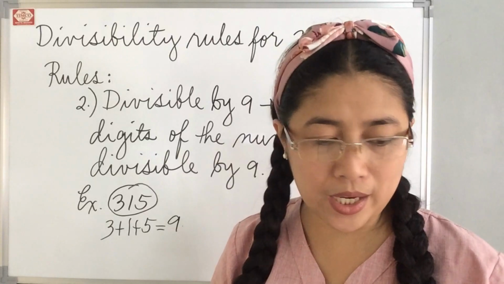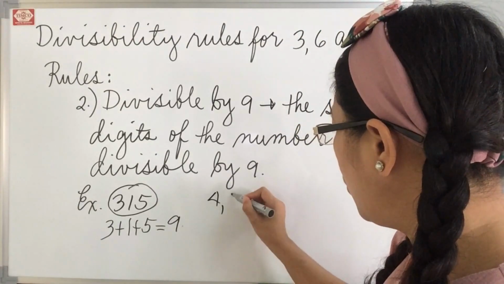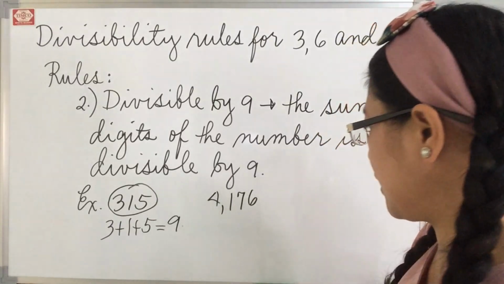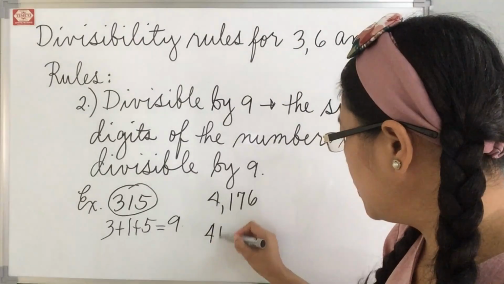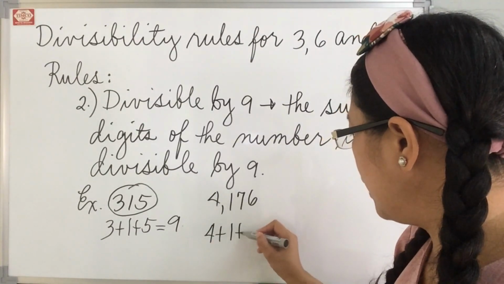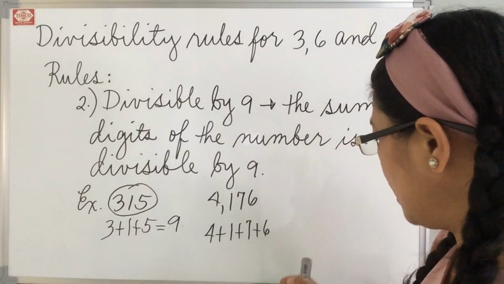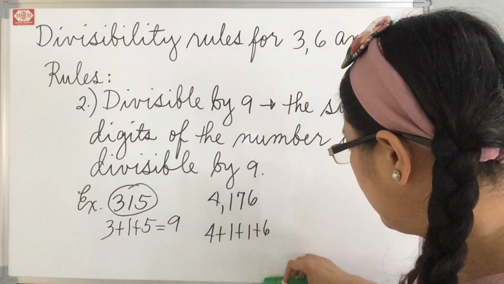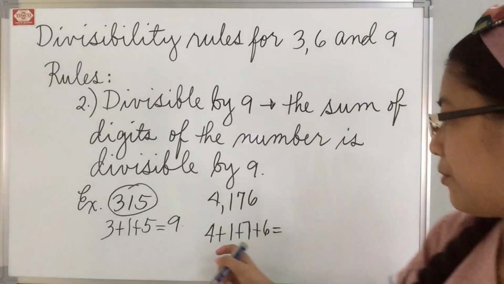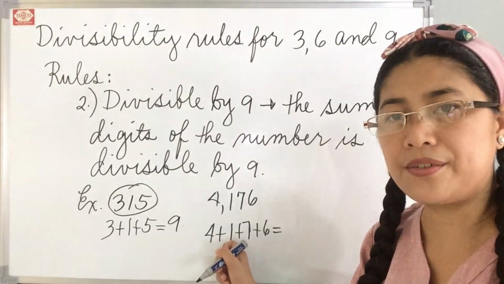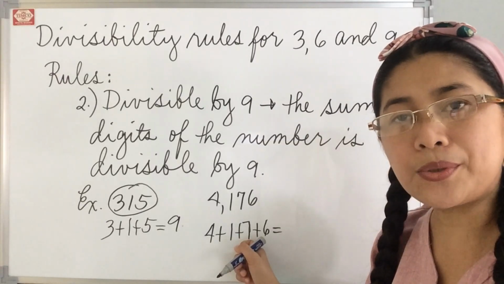Therefore, if the sum is divisible by 9, therefore, the number is divisible by 9 also. Another one. We have 4,176. So, let's add the digits. We have 4 plus 1 plus 7 plus 6. Okay, let's add. 4 plus 1 is 5. 5 plus 7 is equal to 12.